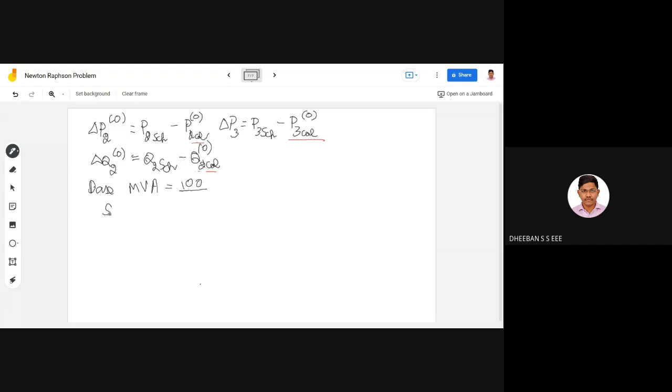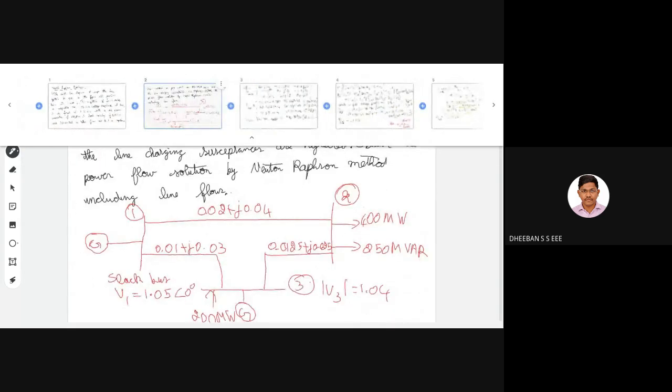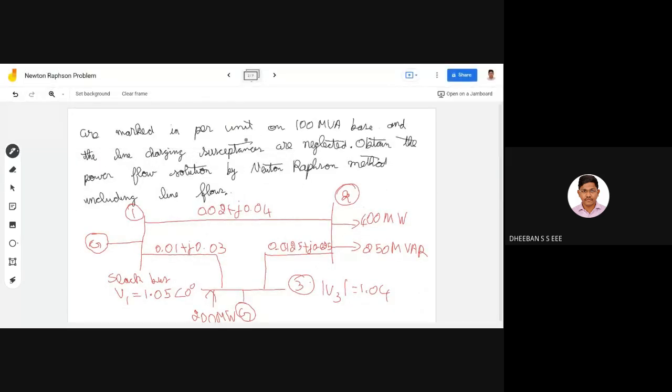Hence your S2 schedule will be equal to, this is we are speaking about apparent power VA. VA corresponds to your apparent power. From this VA, it is possible to extract your real and reactive power. So this goes with the question, that is your given data. From the given data, here you can see the real power is 400 and the reactive power is 250.